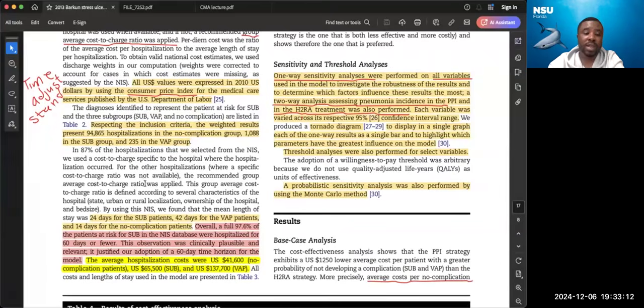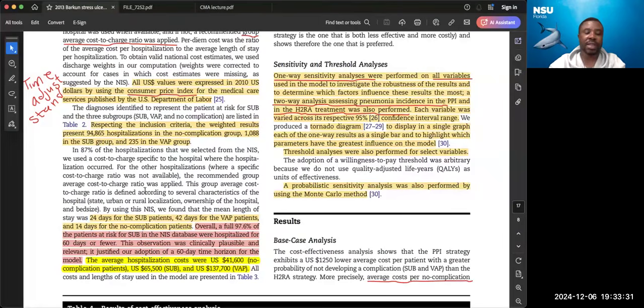So what they did is they checked in the database the number of days patients were admitted. So they grouped the patients into 3 health states, which is the stress ulcer bleeding, the ventilator assisted pneumonia, and then the no complication.